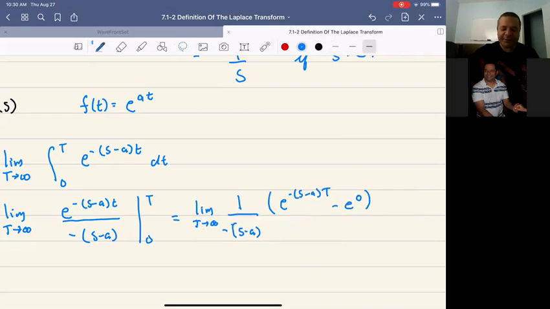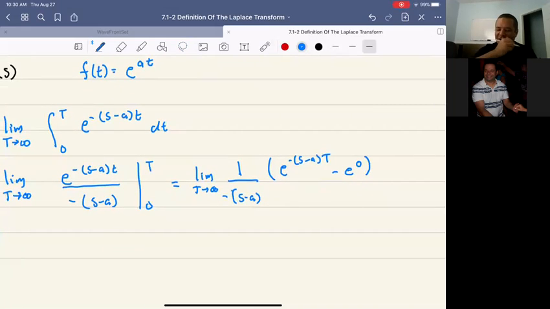As t goes to infinity, this is going to go to 0, and you're going to get 1 over s minus a. This only works if s minus a is bigger than 0, so s should be bigger than a.